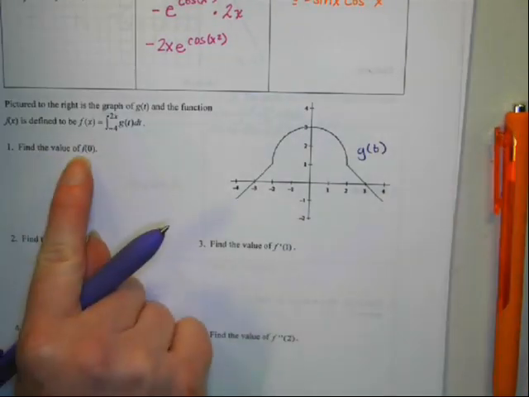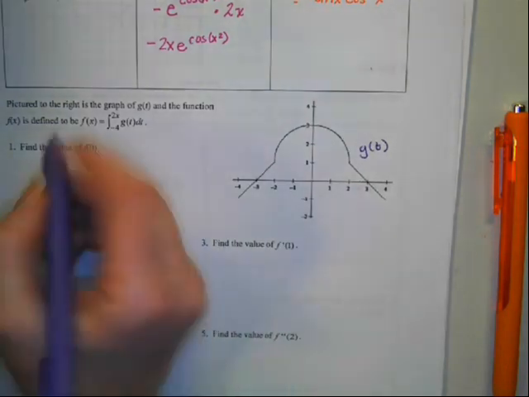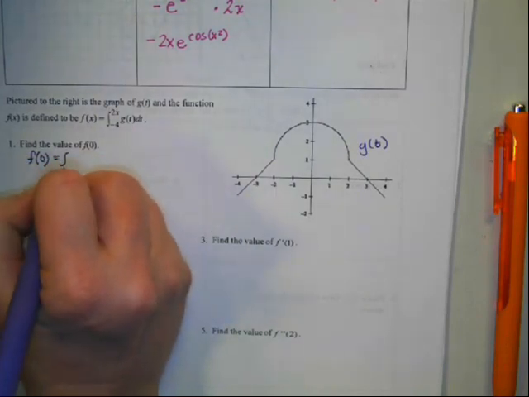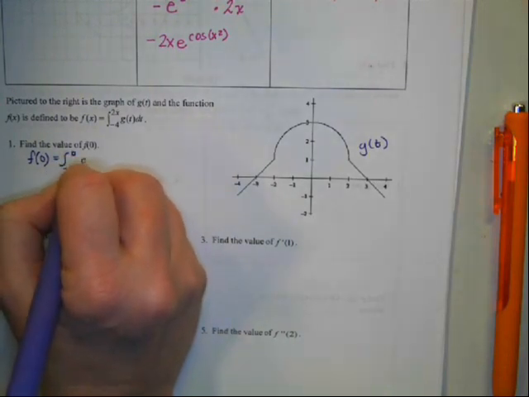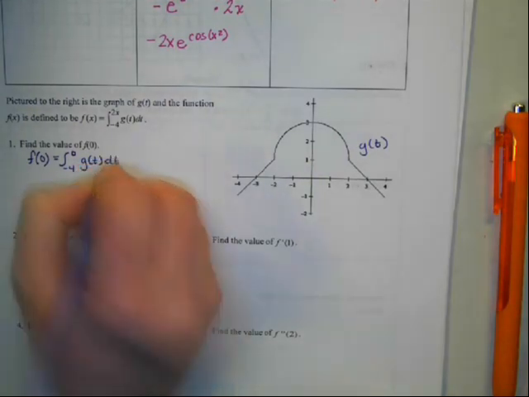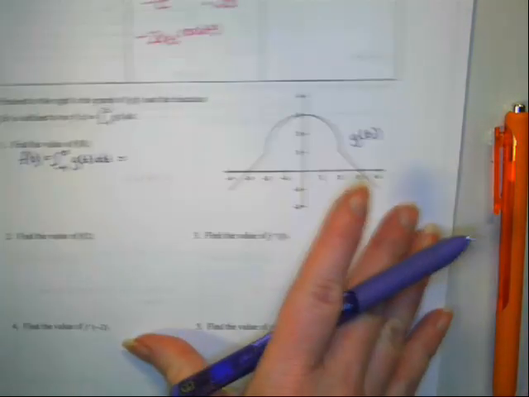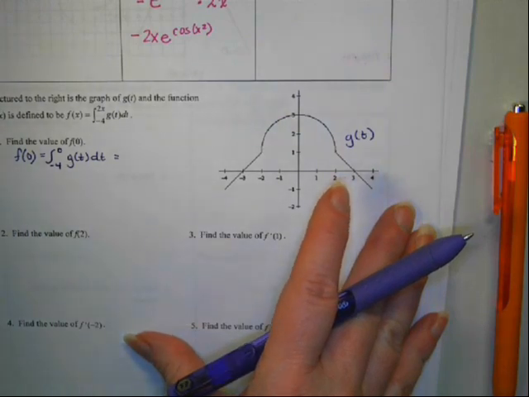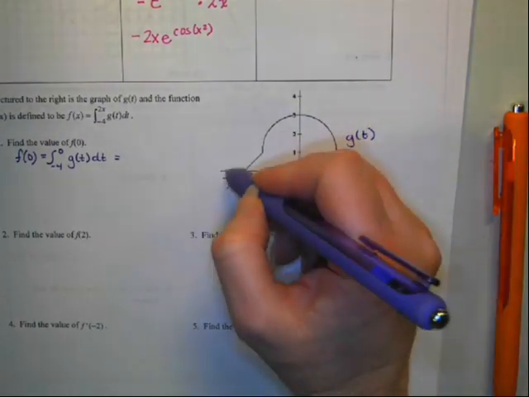All right, so they're asking for the value of f of 0. So that means f of 0 is going to equal the antiderivative from -4 to 0 of the curve. So that means I'm finding the area under the curve from -4 to 0.